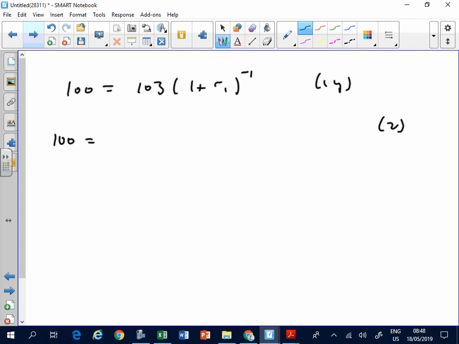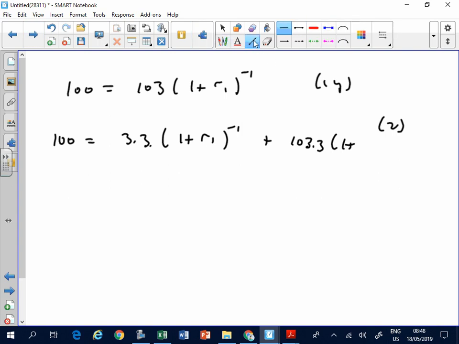I know it pays a 3.3% coupon in year 1, so I'll discount that cash flow at the 1-year spot rate. And then what does the bond redeem at? Par. So then I get par plus coupon, and this is discounted at the 2-year spot rate. You're happy? No? All right, that's understood.